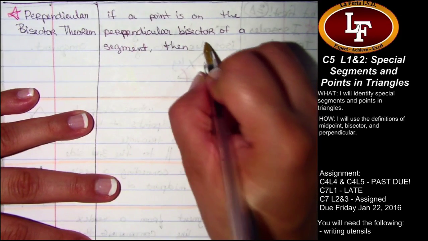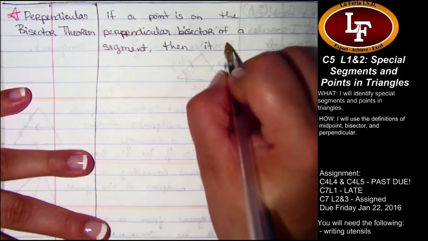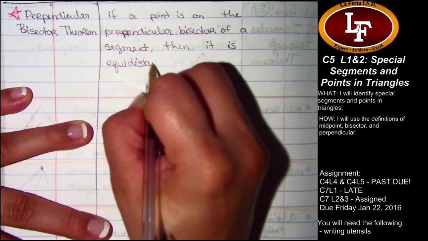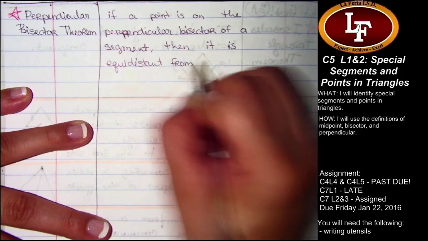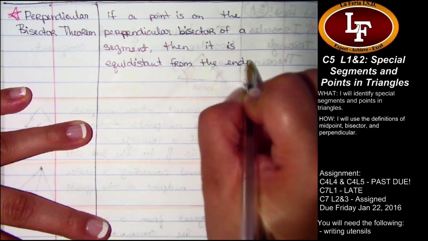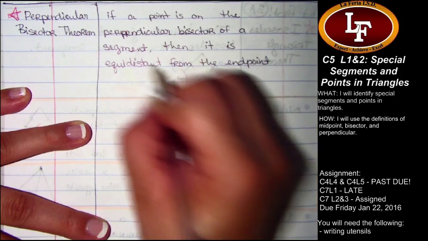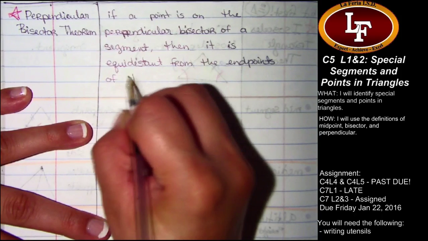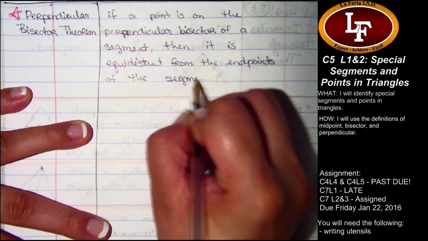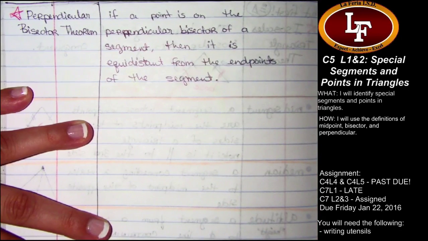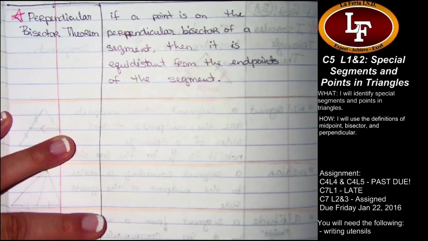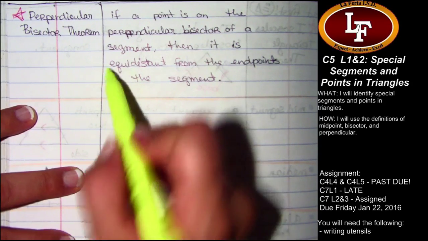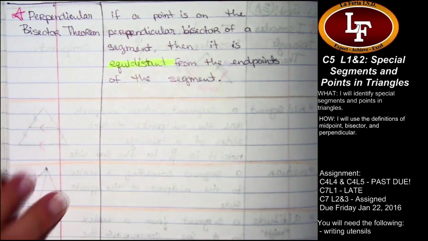Then it, the point, is equidistant from the endpoints of the segment. Equidistant. Equal distance. If a point is on the perpendicular bisector of a segment, then it, the point, is equidistant from the endpoints of the segment.